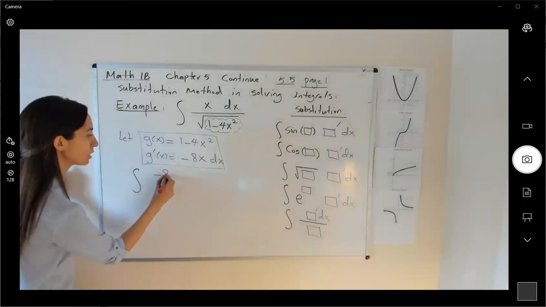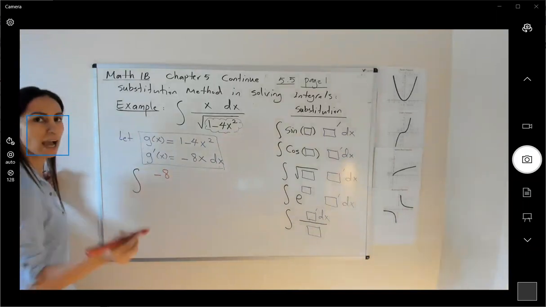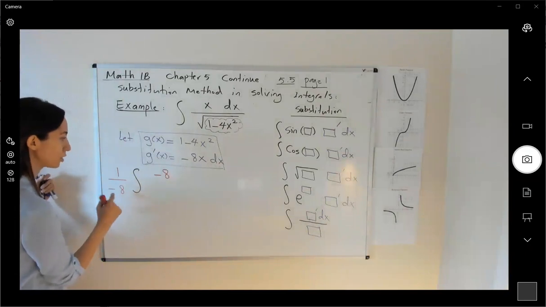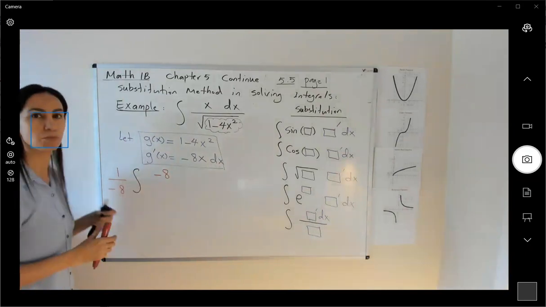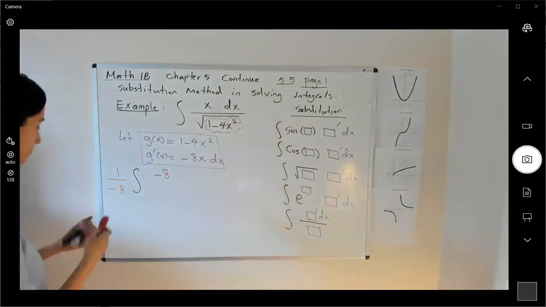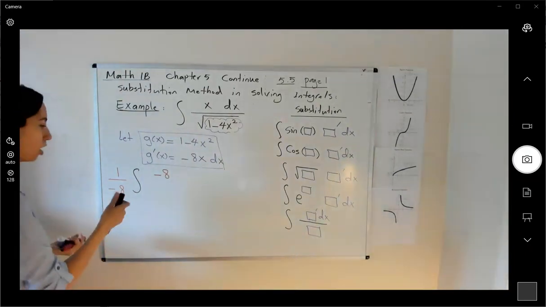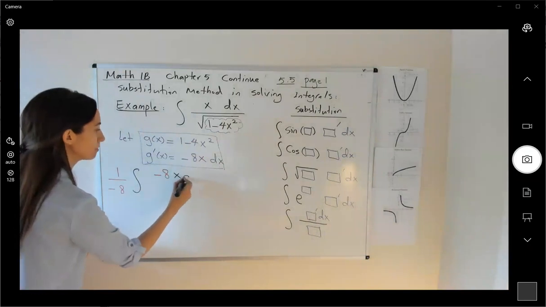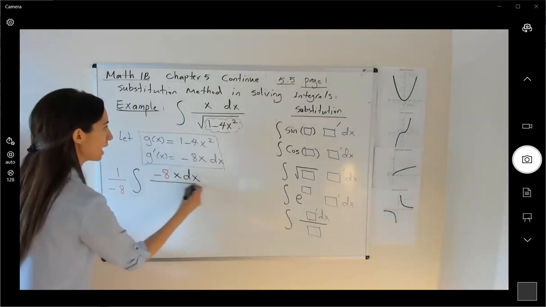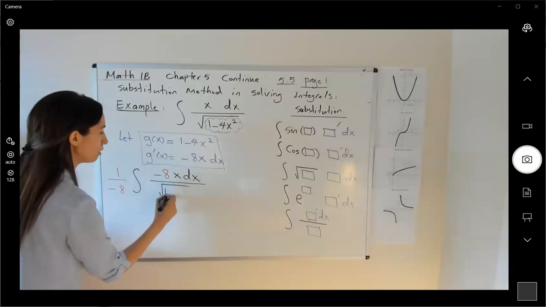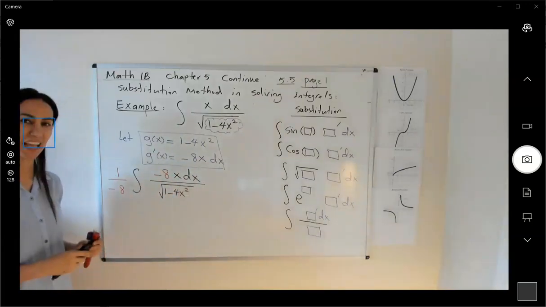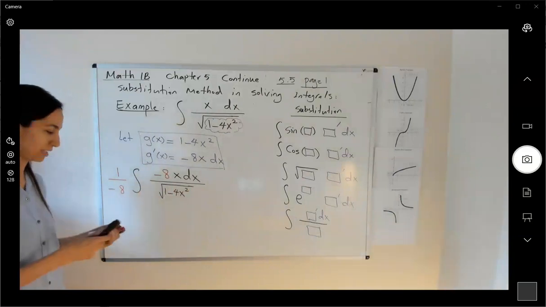I'm multiplying my integral by minus 8, and at the same time I'm dividing that by minus 8, so it balances this multiplication operation. Negative 8 times x, it has dx, and on the denominator I have square root of 1 minus 4x squared. Now you can use sub method.